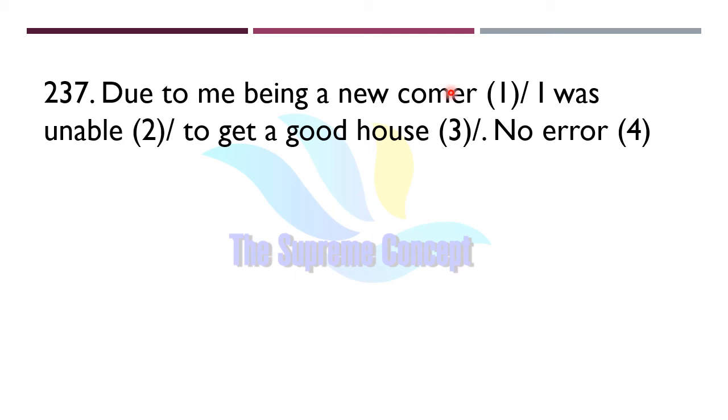Due to me being a newcomer, I was unable to get a good house. Now find out where exactly the error lies in this question. Yes, the error lies in part number 1. So it should be due to my, not me. Due to my being a newcomer, I was unable to get a good house.